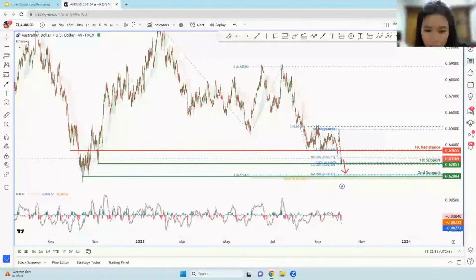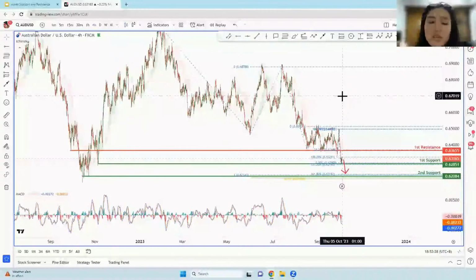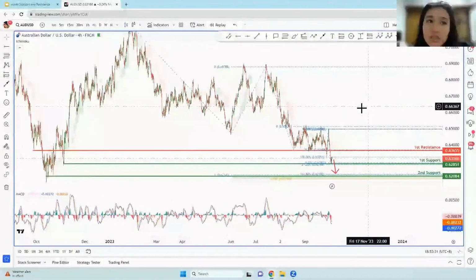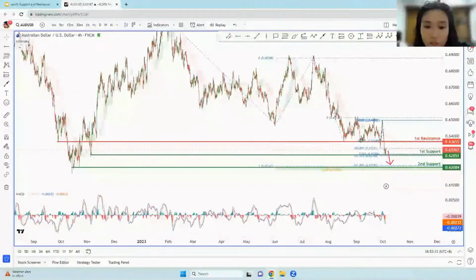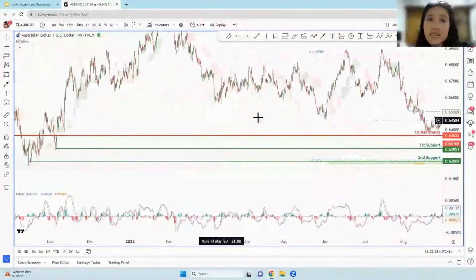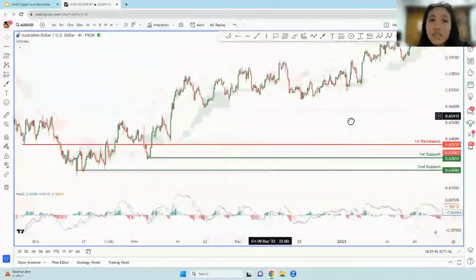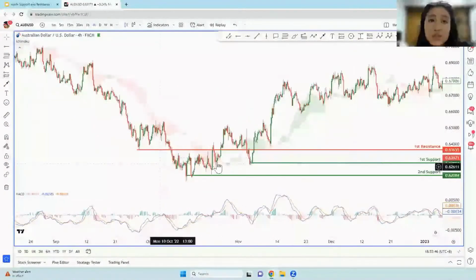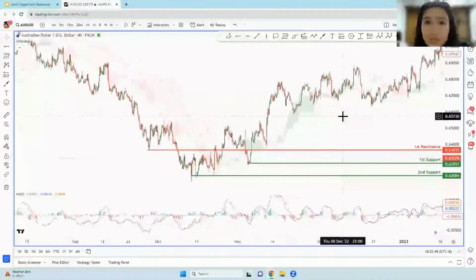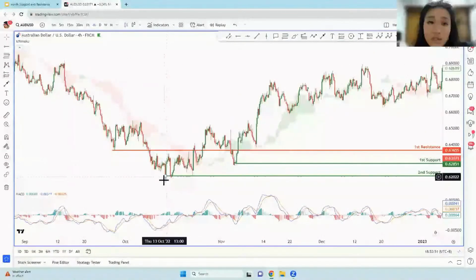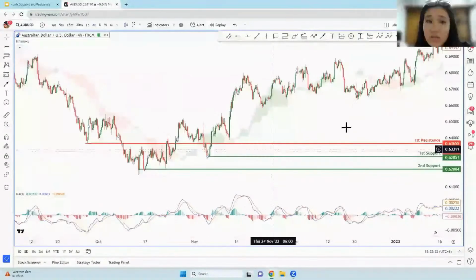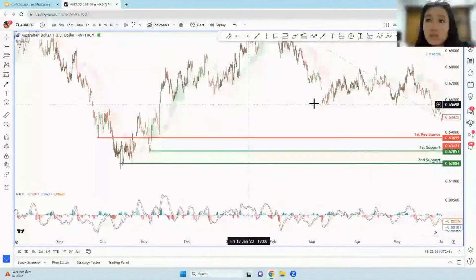You have to include the wick in swing high and swing low in putting resistance and support. For Fibonacci, I feel like it's good practice to include it. But for support and resistance levels, it doesn't really matter because, as I mentioned earlier, it's more so areas rather than levels. You can see here, even though I didn't include the wick here, let me zoom out.